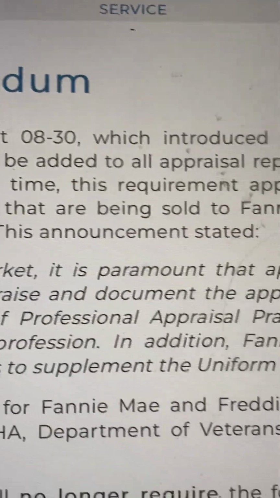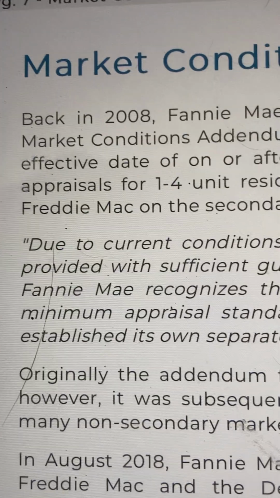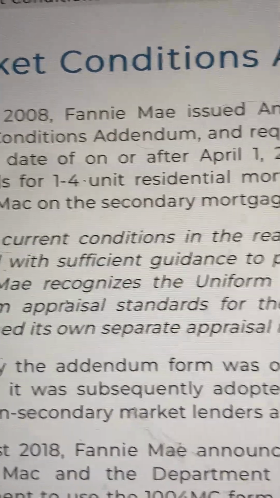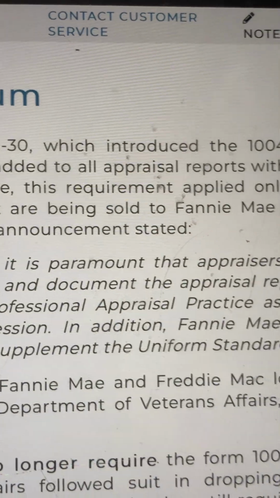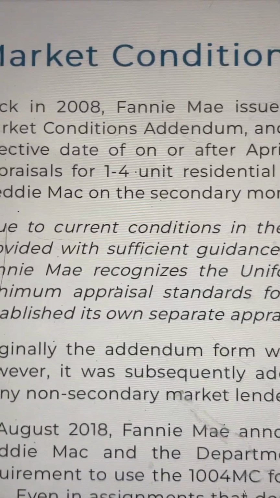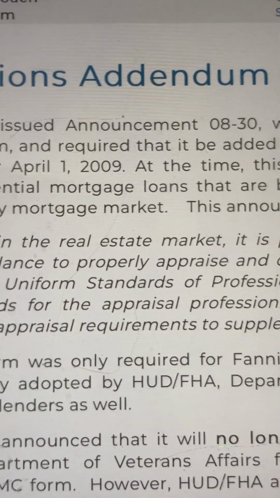At the time, this requirement applied only to appraisals for 1 to 4 unit residential mortgage loans that are being sold to Fannie Mae and Freddie Mac on the secondary mortgage market.